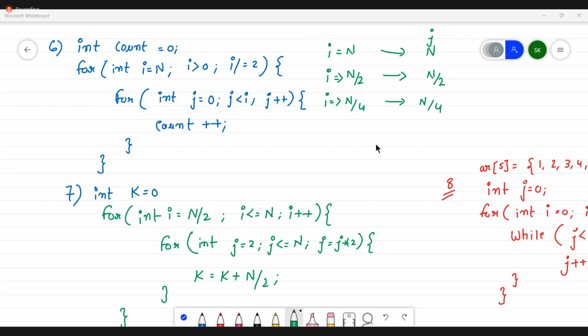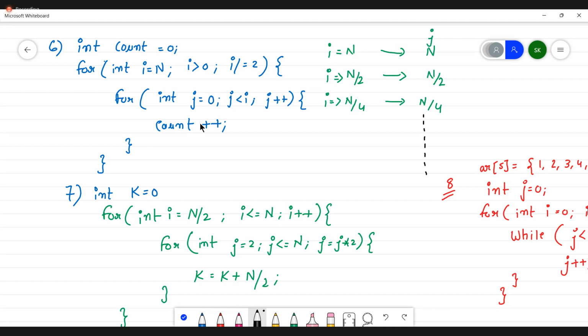So you all can guess now how your j loop is going to continue, yes or no? Are you all getting this?